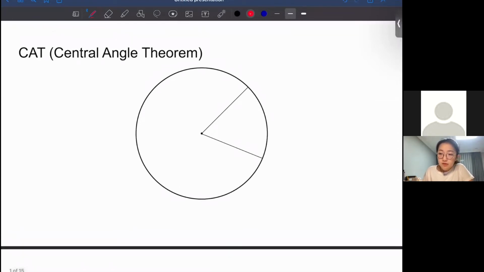The first theorem that I'm going to teach you guys is called the central angle theorem, often abbreviated as the CAT. First, let's label the points. Point A, point B, and the center O, right? And we're going to call this angle AOB, but this is a central angle.